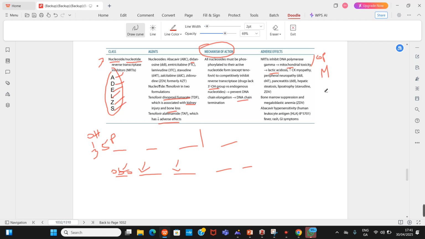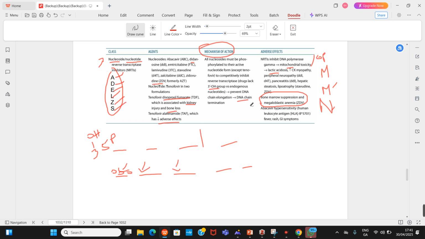They affect the muscles and the nerves: myopathy, peripheral neuropathy. I'm emphasizing the common ones and important ones. And one of them also causes bone marrow suppression. So once we are seeing megaloblastic anemia, we are seeing leukopenia, quickly go and pick zidovudine.